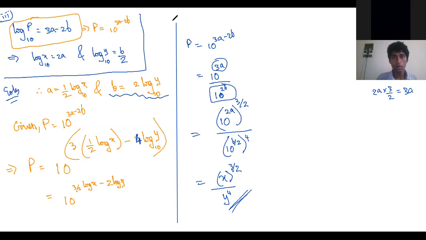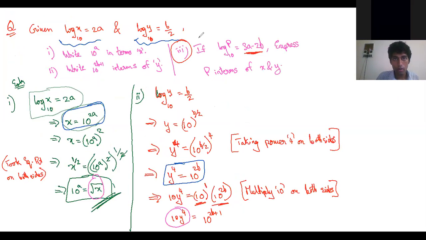Okay. Let us do one thing. Let us say I don't change the denominator, I'm keeping it as 10 power 2b. Remember this part of the question? Log y base 10 is equal to b by 2. Y is equal to 10 power b by 2.